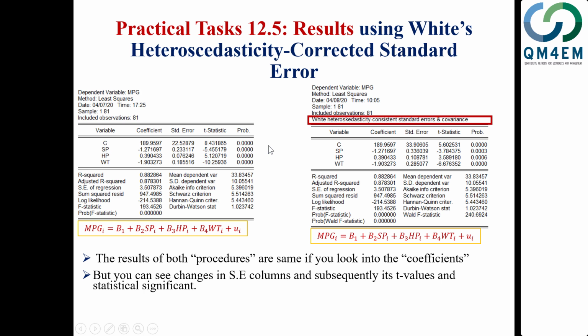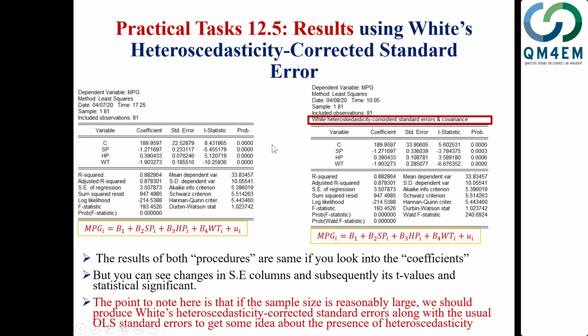The point to note here is that if the sample size is reasonably large, we should produce White heteroscedasticity-corrected standard errors along with the usual OLS standard errors to get some idea about the presence of heteroscedasticity. So that's the bottom line.